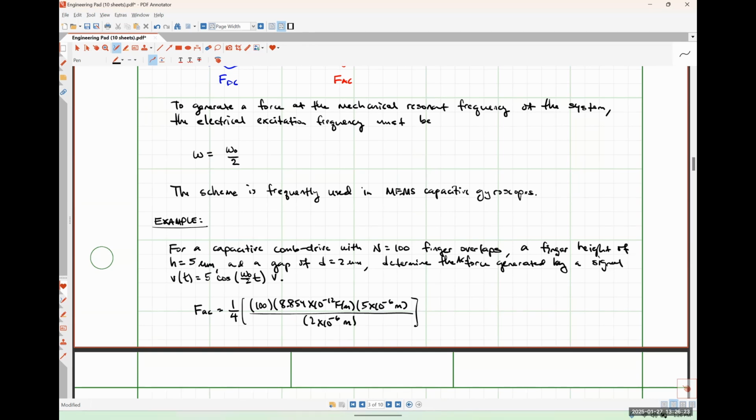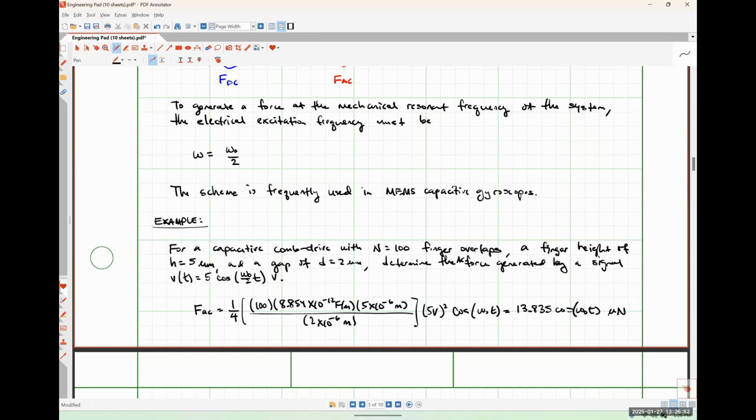And then this is going to be multiplied by 5 volts squared cosine, and then twice omega is just going to be omega naught. This winds up coming out to be essentially 13.835 cosine omega naught T micronewtons. So just simple application of the formula there.